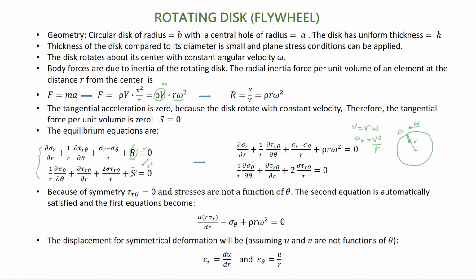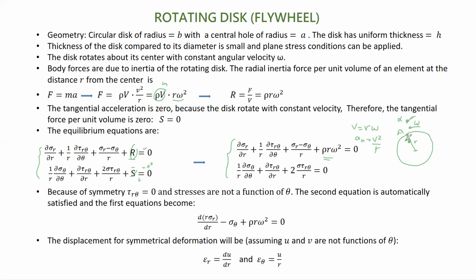I would have had transverse loading if we were studying the case of an accelerating disk. If it had omega as well as alpha, angular acceleration, then we would have had some S here. But at this moment, we are assuming a disk rotating at a constant velocity. So the equations of equilibrium are modified by this term.